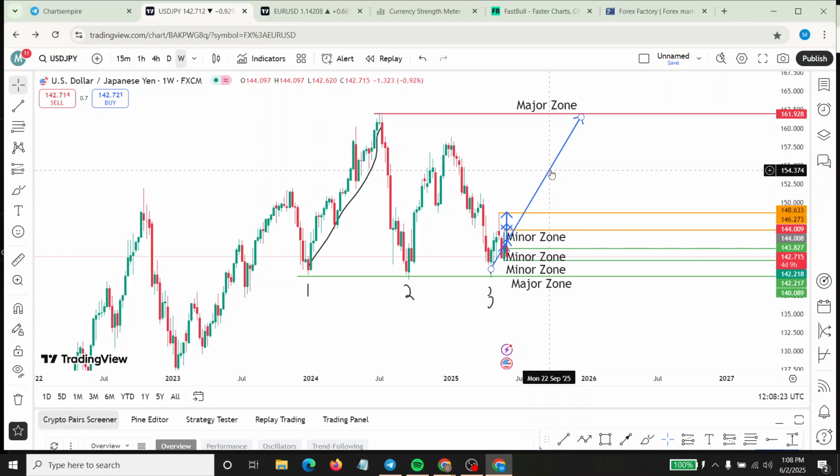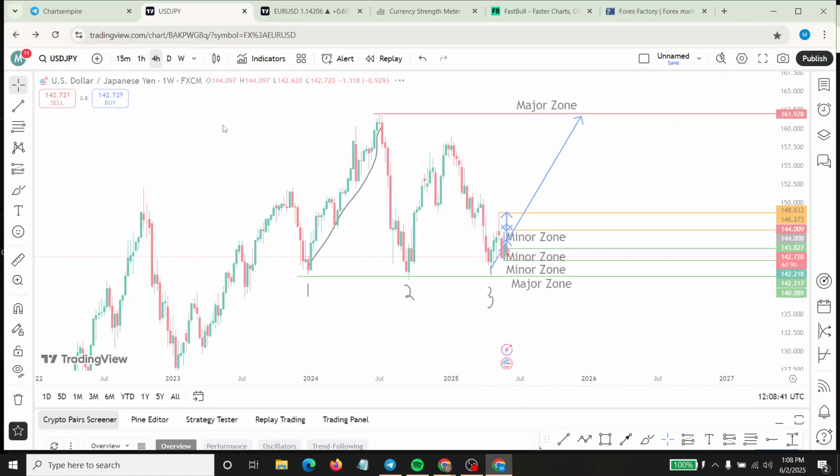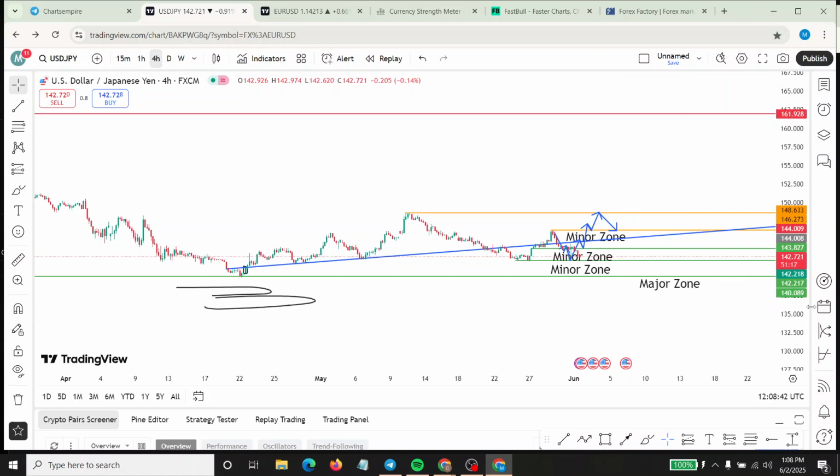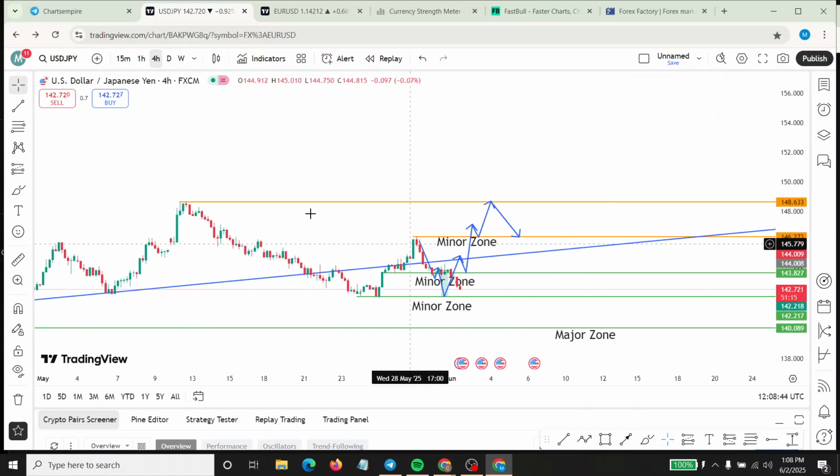But let us understand that before the market can reach such a feat on the weekly chart, it will encounter some difficulties, some challenges it needs to overcome. Now, this is the 4 hour chart.